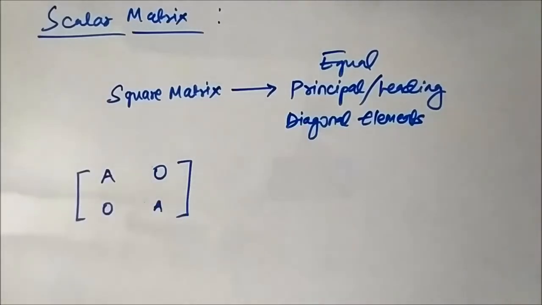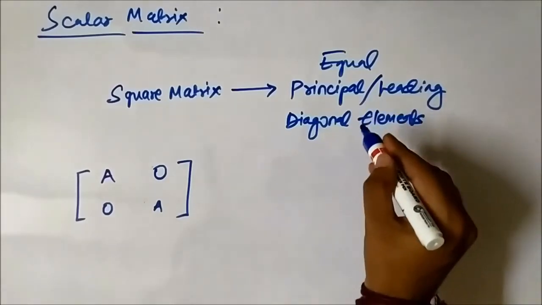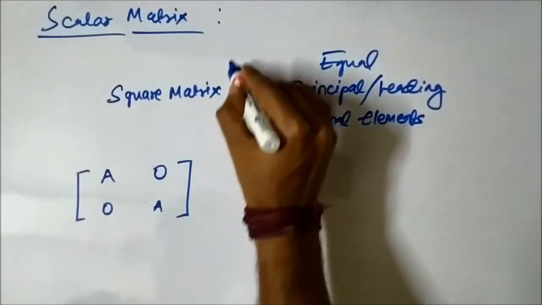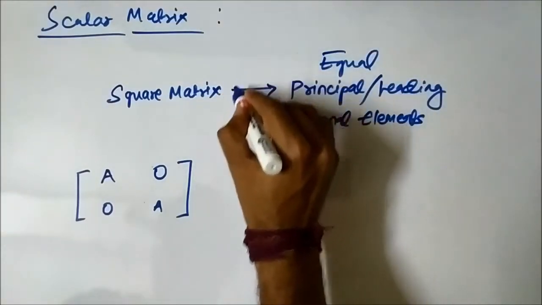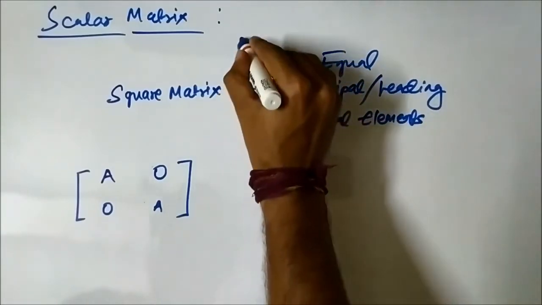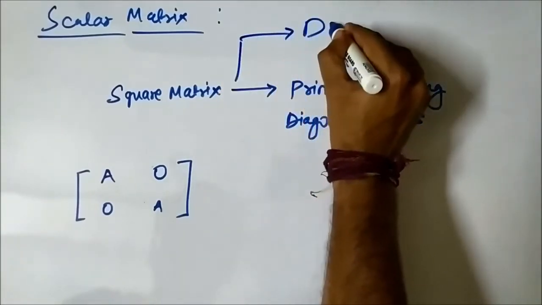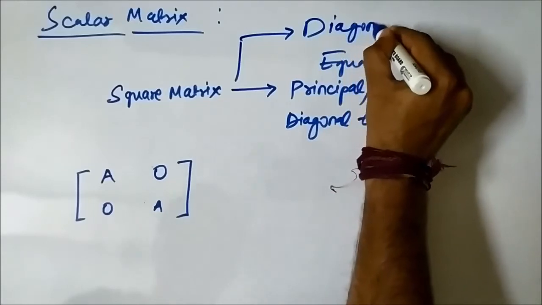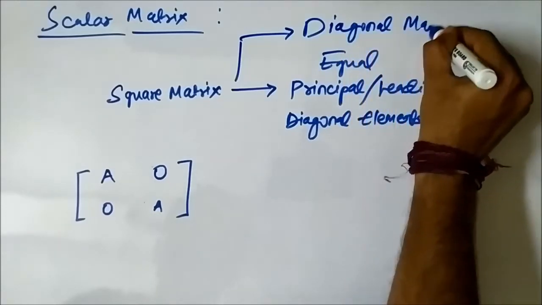Another definition we can add here is that it is a diagonal matrix with all the principal diagonal elements being equal.